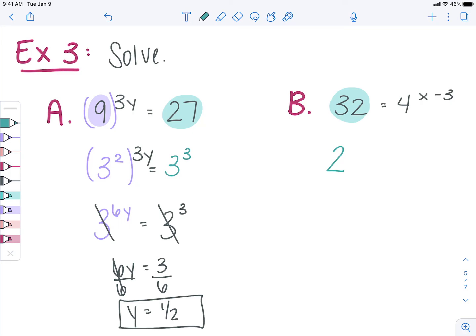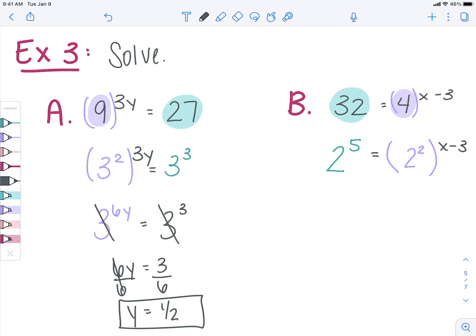So 5. 2 to the 5th. Bring down my equals. Now I've got to change my 4, so I'm going to drop in those parentheses so I can protect it. 4 is really 2 squared. Bring down my x minus 3.